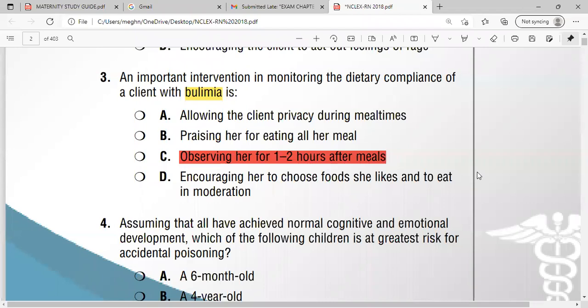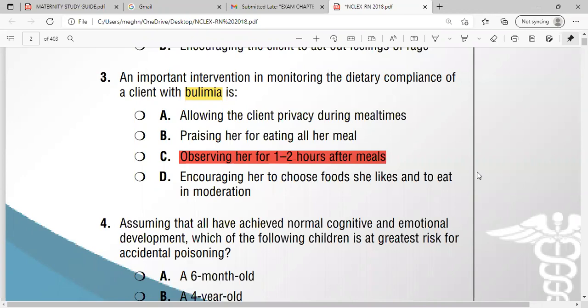This is to prevent the client from inducing vomiting after eating, because bulimia patients eat, but they put their finger inside the mouth and vomit. So the client should be observed for 1 or 2 hours after meals.